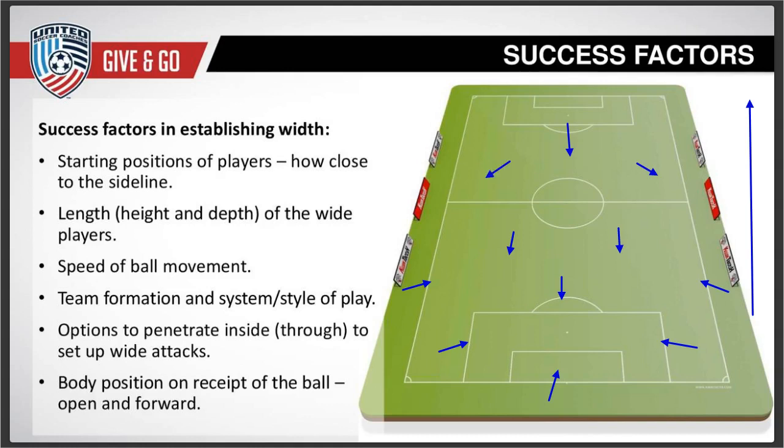So what I've got now, as I just shift colors really quickly, is if the ball goes to the center back and then on to the fullback, the fullback has the ability to offer full width, but the pass they play up to their wide forward has a nice angle to it, or the pass inside has a nice angle to it. So I'm looking for sensible dispersal, but not everybody all the time on the touchline, on the sideline, but spread to still maintain angles of support. So this requires good starting positions.